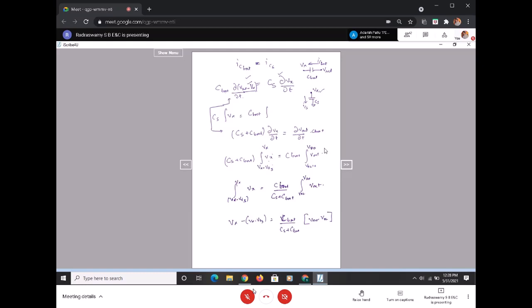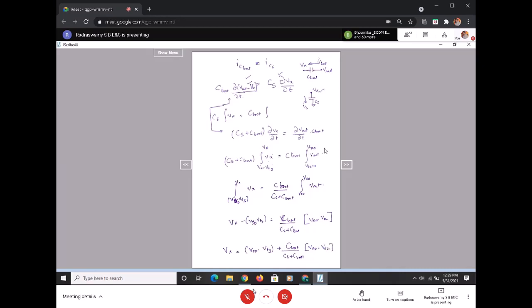So Vx is equal to VDD. Oh, so this is VDD minus VT3, because this is not Vx minus VT3. This is VDD minus VT3. So Vx is something like this: VDD minus VT3 plus C boot divided by CS plus C boot into VDD minus VOL.